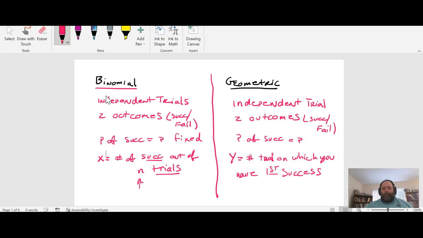Here it's how many trials you have to have before you get your first success, right? So this could be up to infinite, but this is a fixed number. Binomial is actually slightly easier to wrap your head around than geometric, but they are both pretty useful.